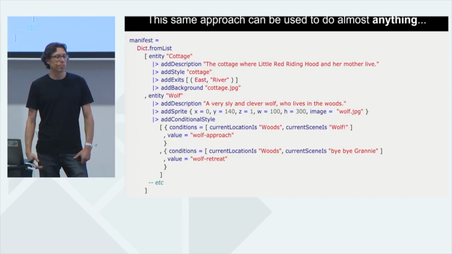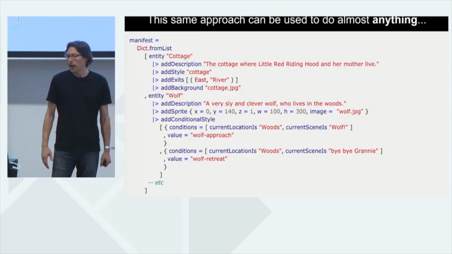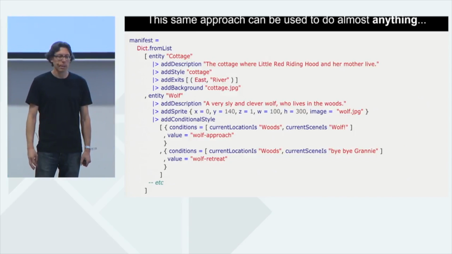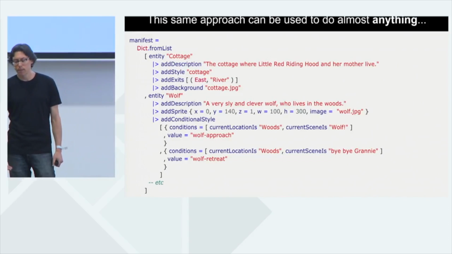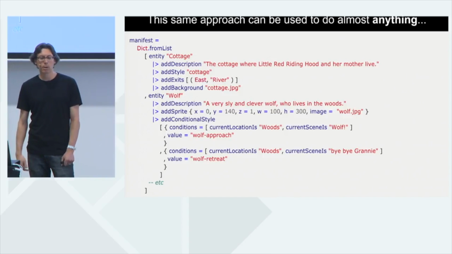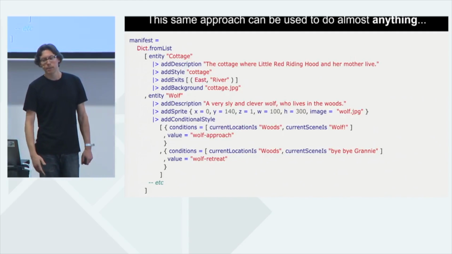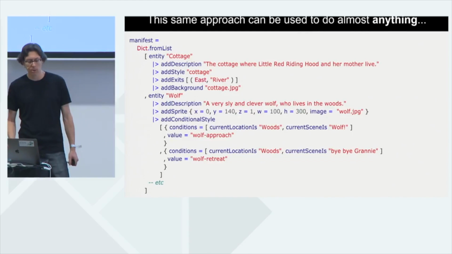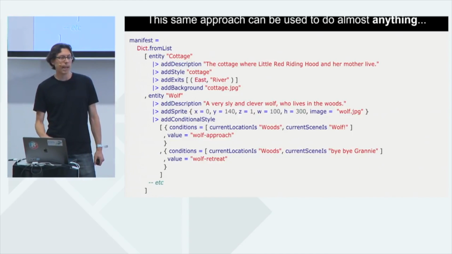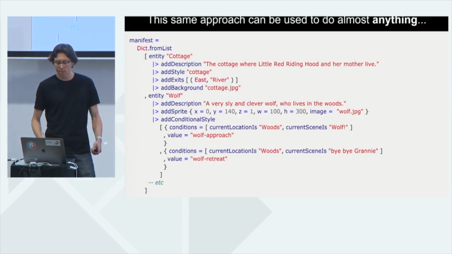I have this idea of a sprite component, which has a position and a size, and I have some images, and I even found a way to do some conditional components where I could describe as data components that would find the correct variation at the time that they were called based on the current state. And I'm going to show you a demo of what this looks like, to show you just how flexible the same engine and the same story of Little Red Riding Hood can be.